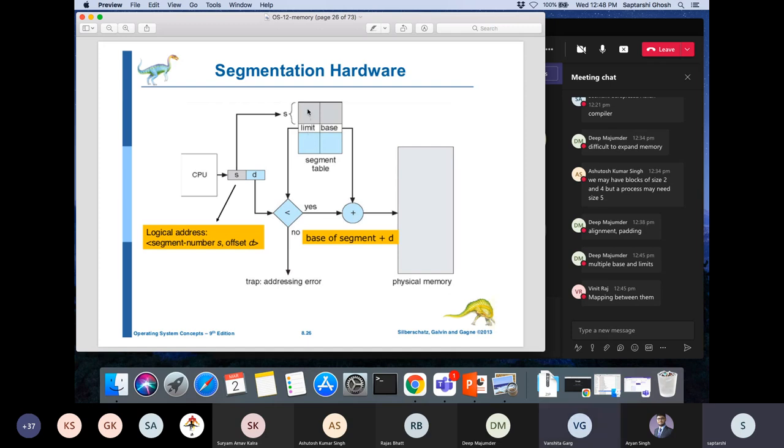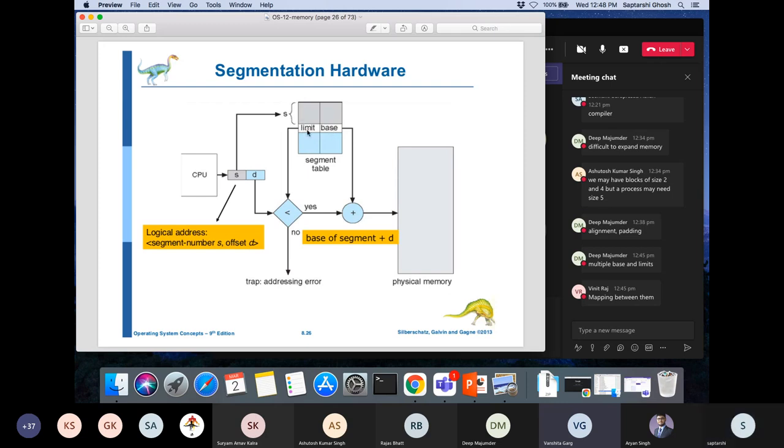So usually segment numbers start with 0, right? So if the segment number is 4, then that entry in the segment table is to be accessed.